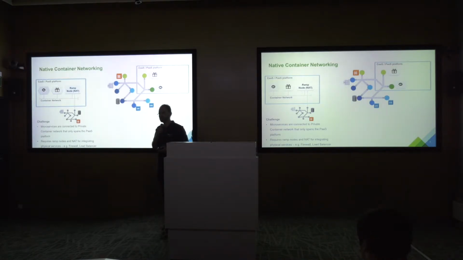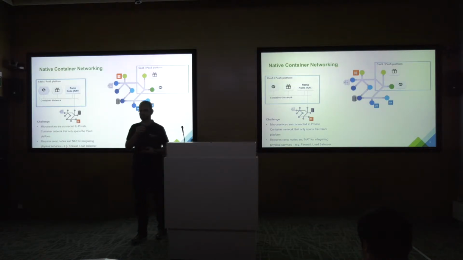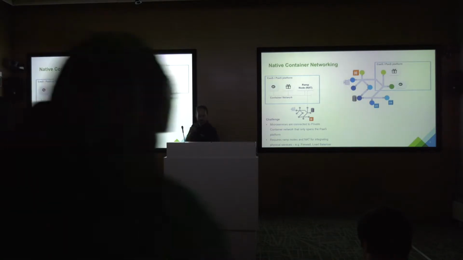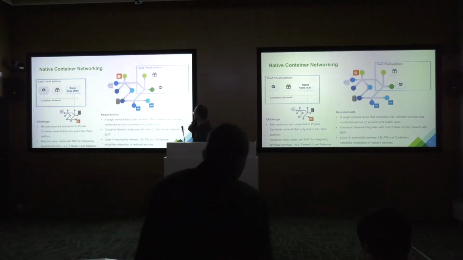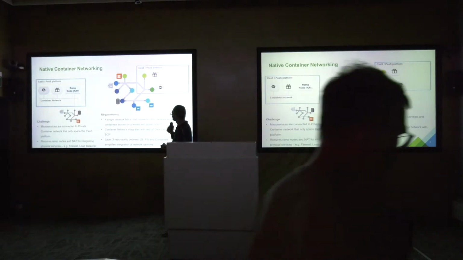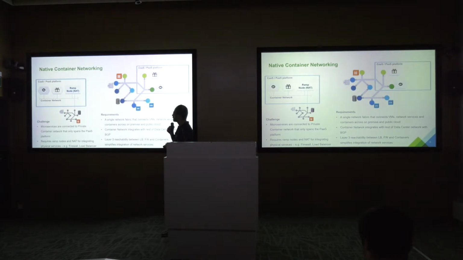However, if they have a legacy, and by legacy I mean either bare metal servers or virtual machines, then they have a challenge how to build some kind of a hybrid application, and how to extend this type of networking not only to a purely Kubernetes platform, but as well to a regular environment where you can have a virtual machine or databases.